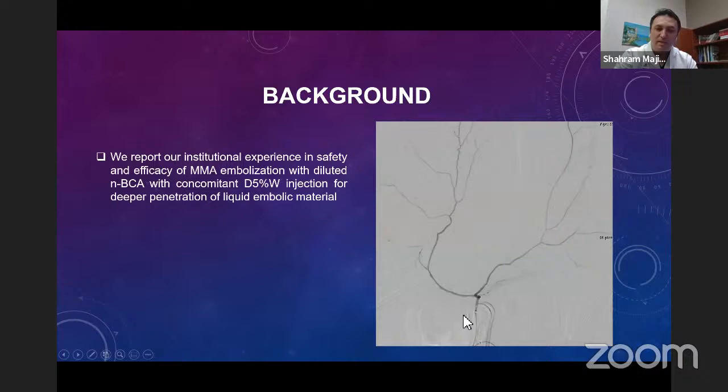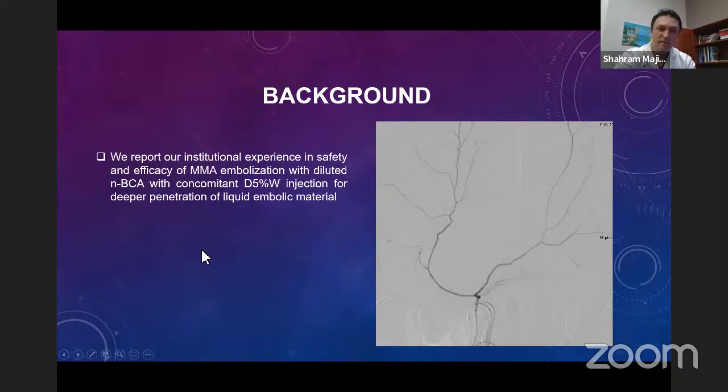So we hypothesized that if we advance the microcatheter very distally in the frontal or posterior branch of the middle meningeal artery, and while injecting diluted glue, the second operator starts injecting D5 in water, that will provide the glue an environment in which it will go further distally into the middle meningeal artery branches and fully penetrate the subdural membrane.